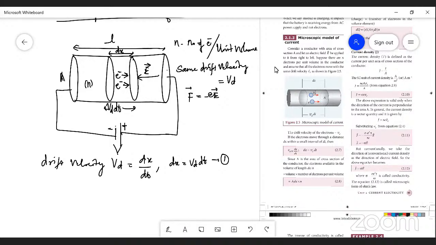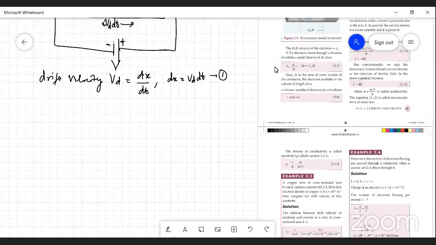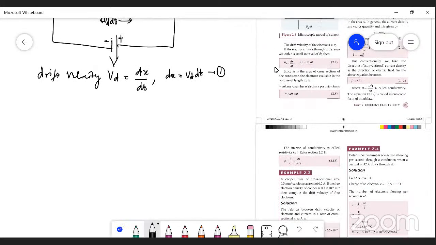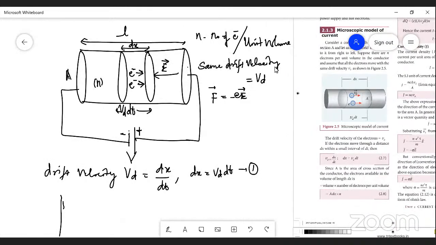Now, we have to calculate the number of electrons, or charged particles, in a given volume of the conductor. In order to calculate the volume, we have assumed a small length of this metallic conductor, dx.